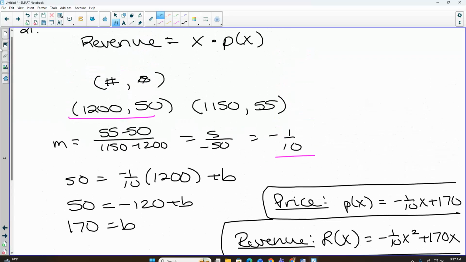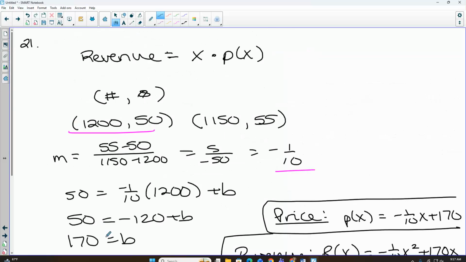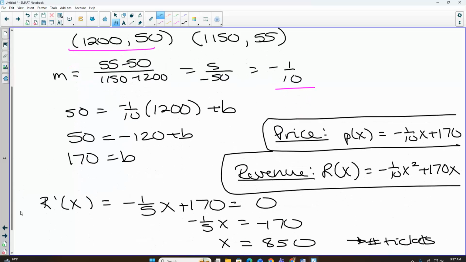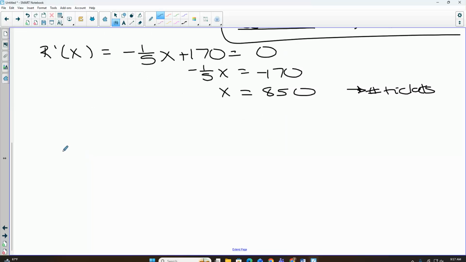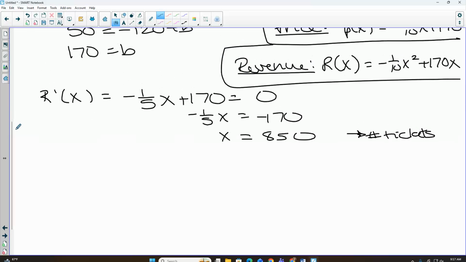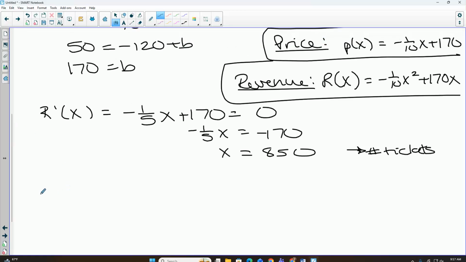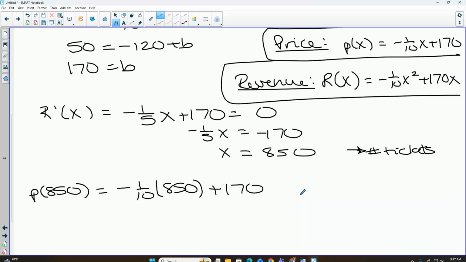What price should be used to maximize revenue? So I know I'm going to make the most money when I sell 850 tickets. So to figure out the price, I'm going to plug that into my price function. And we get that we should be pricing our tickets at $85.